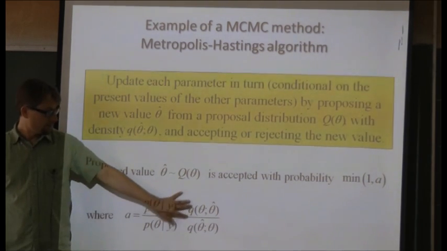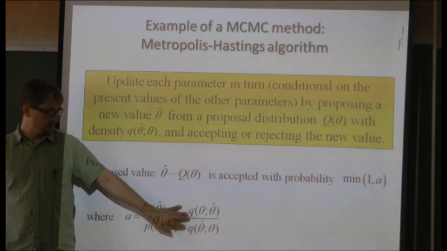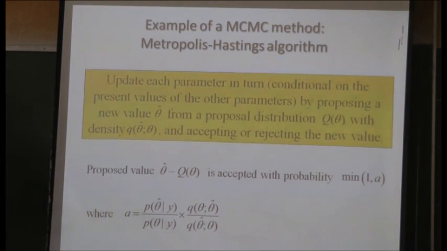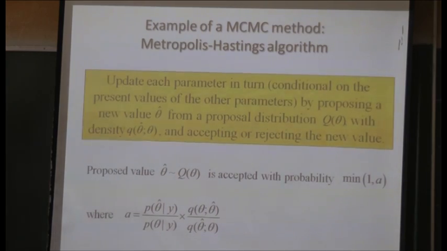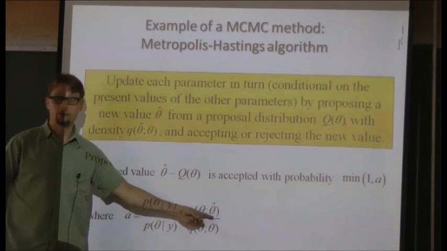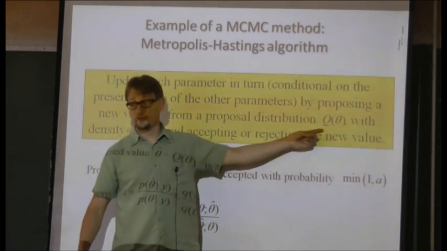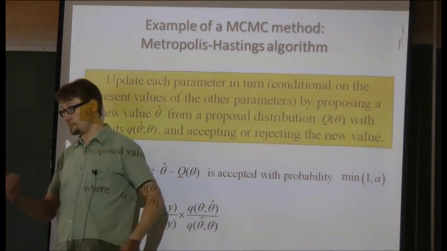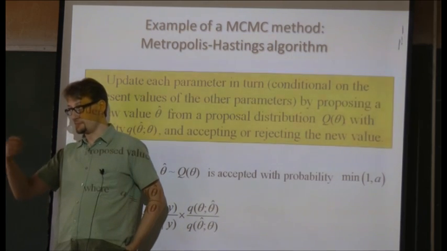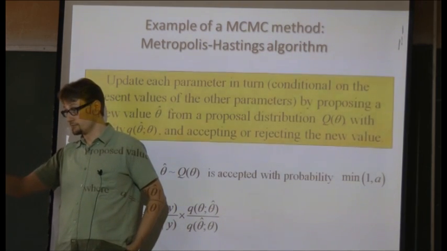Then what we have here is something that depends on the proposal distribution. So this is something that you can think of as a correction factor, because you can use any proposal distribution you like. It can create some sort of bias. You can, for example, decide that I'm very likely to propose some kind of values.